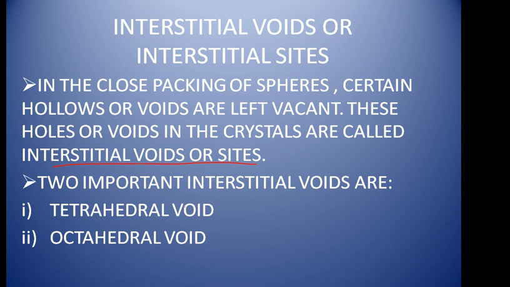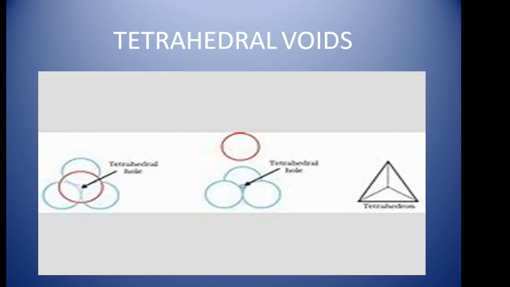Now, two important interstitial voids are tetrahedral void and octahedral void. See this once again. Tetrahedral void. That means you can consider one sphere in the upper layer or the below layer. Anyone. The main thing is, in one layer one ball, and in another layer three balls or spheres.